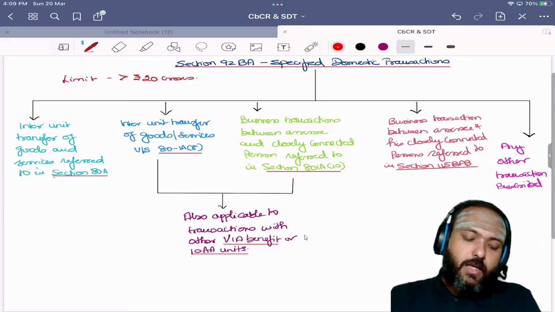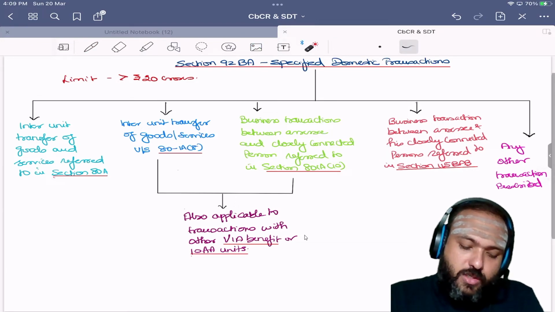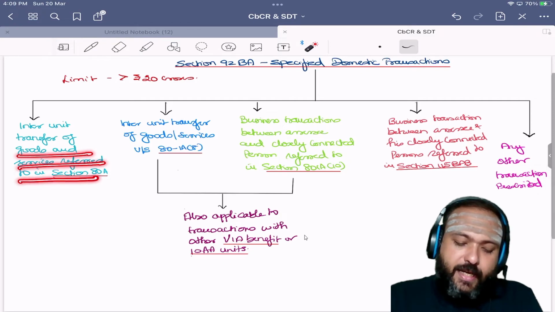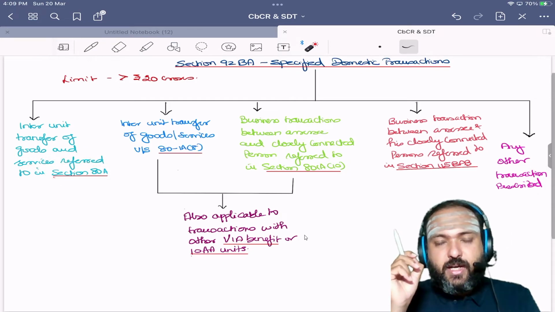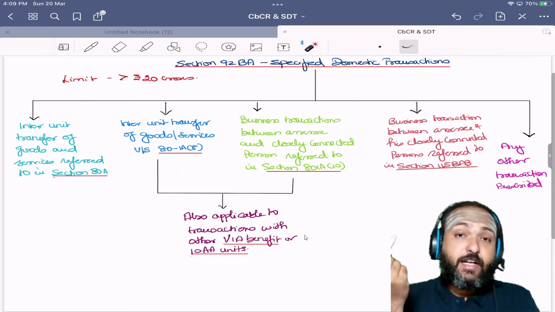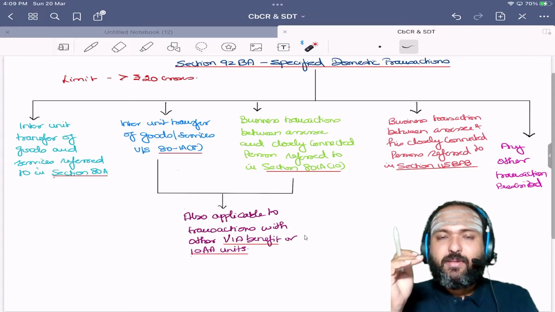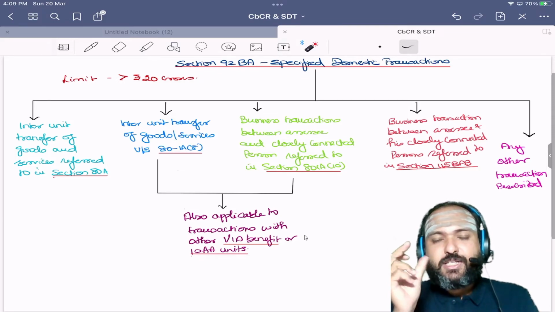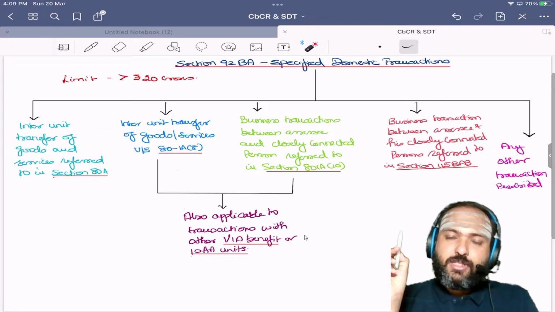Now, inter-unit transfer of goods and services referred to under section 80A. So what is this? Where there is any specified Chapter VIA deduction, income based deduction, and the transfer of goods or services is done at a price lower than the market value or at a price higher than the market value in terms of purchase, then those transactions will be covered within the ambit of specified domestic transaction.